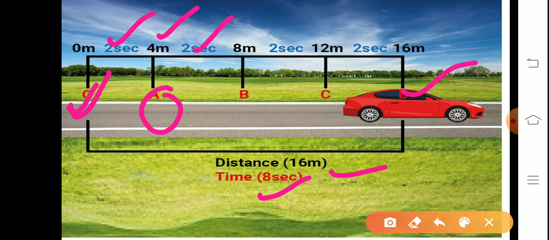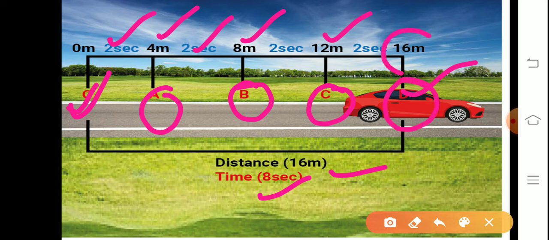In the next 2 seconds it reaches position B covering a distance of 8 meters. In the next 2 seconds it reaches position C covering a distance of 12 meters, and finally the car reaches position D covering 16 meters in the next 2 seconds.